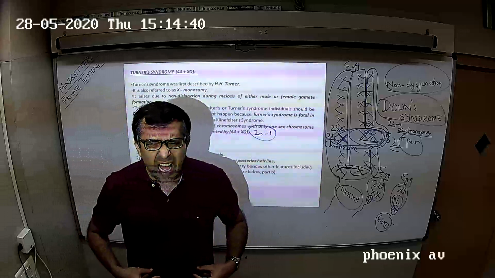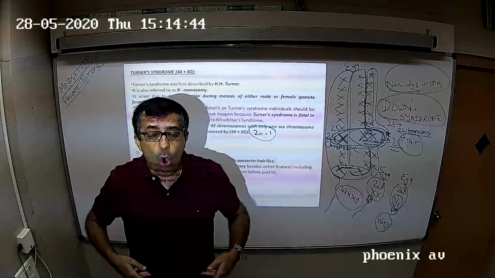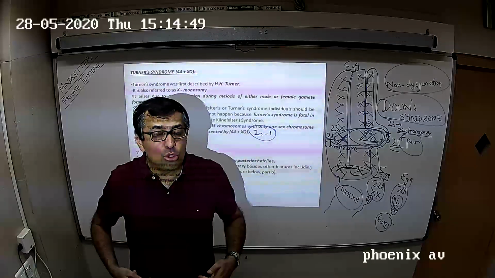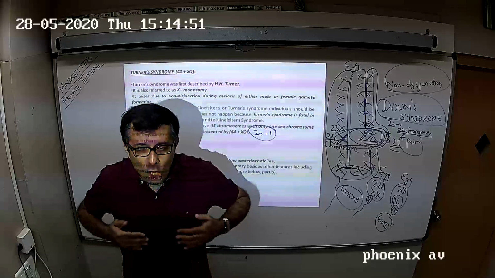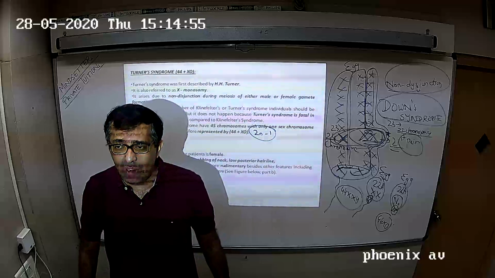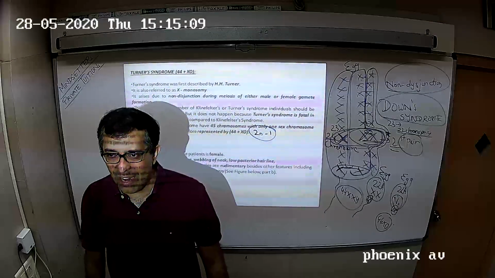Her ovaries are rudimentary, they don't develop, so there will be no ovulation, she will be sterile. There will be no estrogen, progesterone secreted, so breast development will not take place, menstrual cycle will not take place, no secondary sexual characteristics will develop.